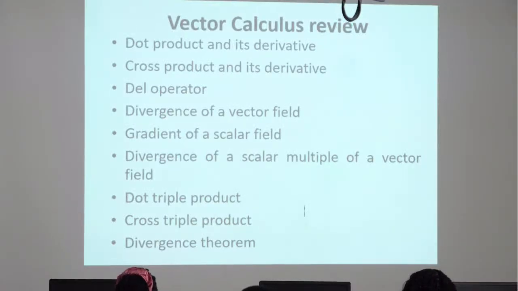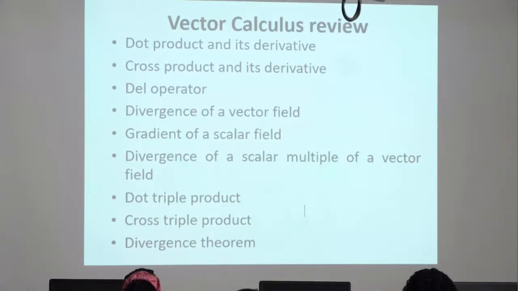As I pointed out earlier on, you would need a review of vector differential calculus. For example, what is a dot product and its derivative, what we mean by a cross product and its derivative, what we mean by a del operator, what we mean by the divergence of a vector field, the gradient of a scalar field, the divergence of a scalar multiple of a vector field, the dot triple product, the cross triple product, and the divergence theorem.